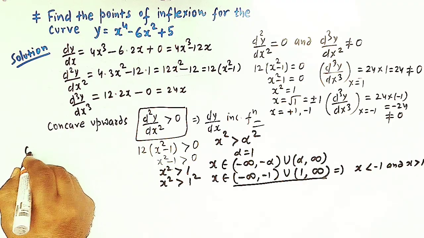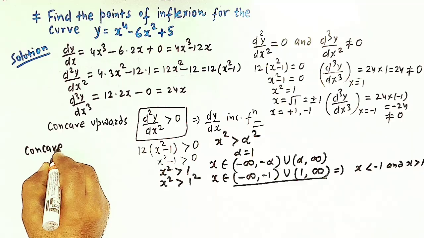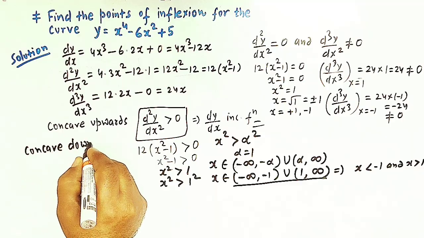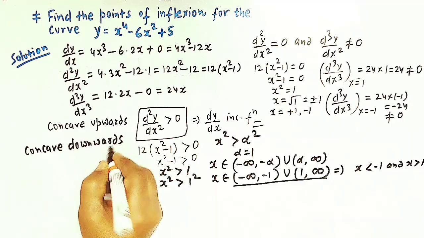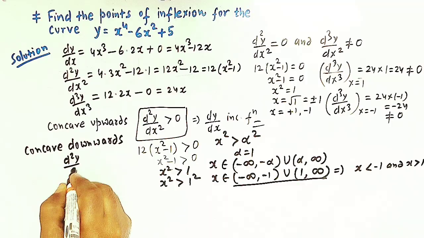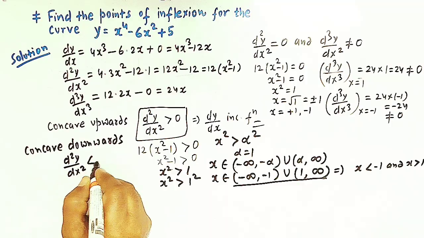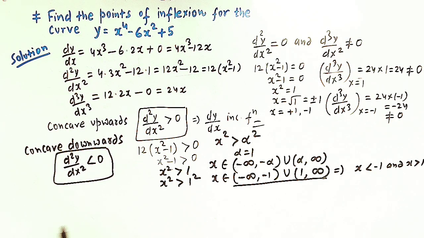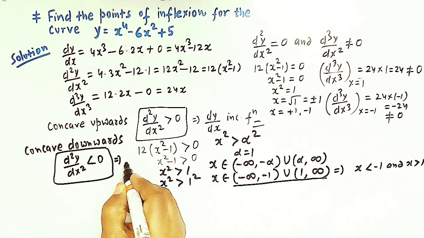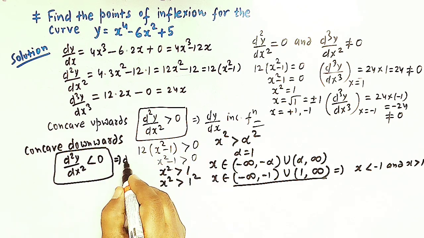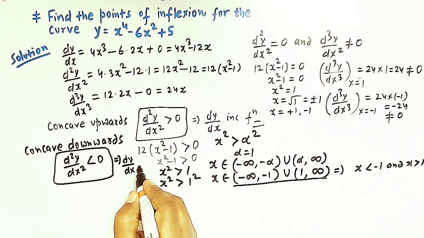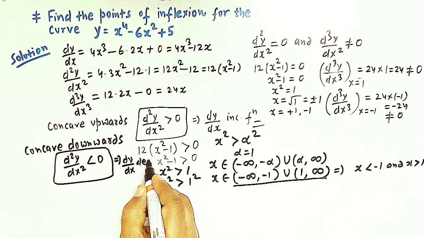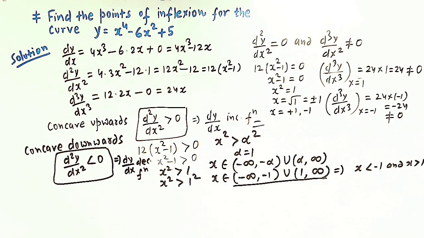And now for concave downwards we have the condition that is the second derivative should be less than 0. So a function or a curve is concave downwards when the second derivative is less than 0, and this implies that the first derivative, that is dy over dx, should be a decreasing function, right?